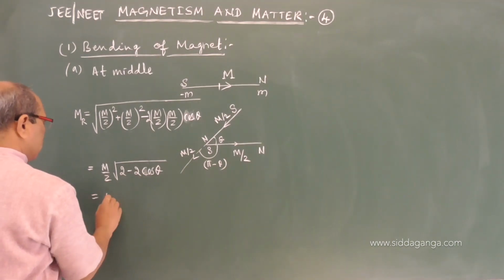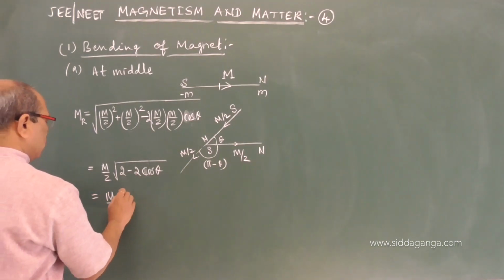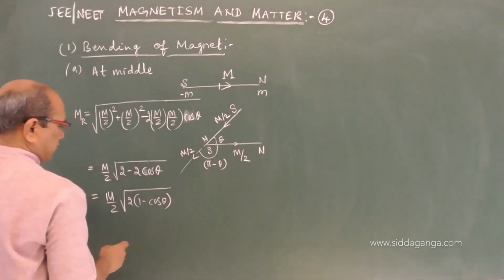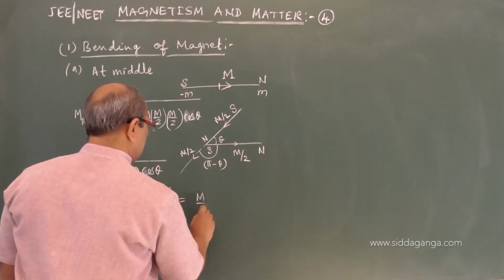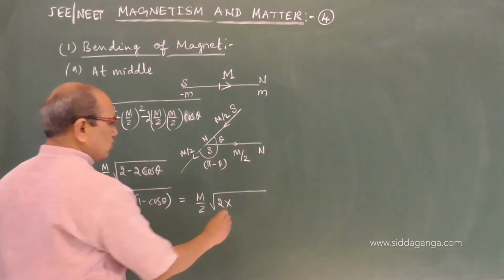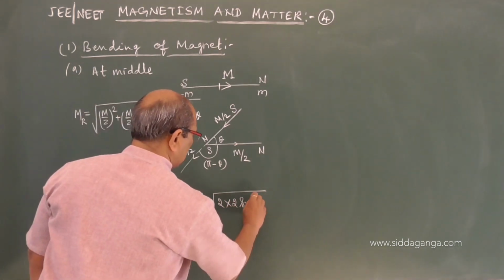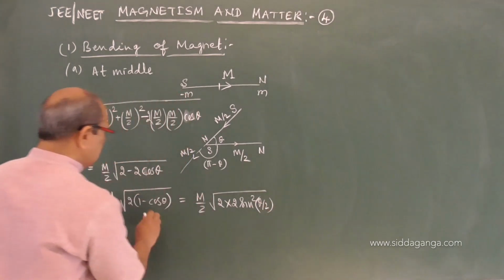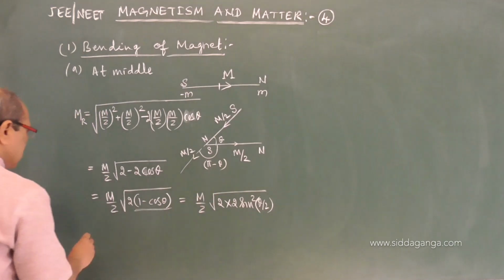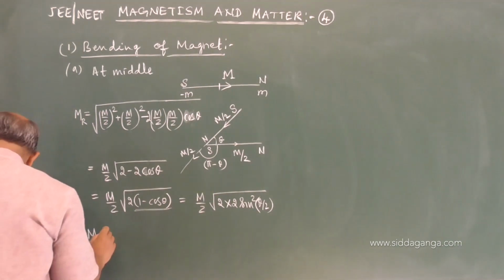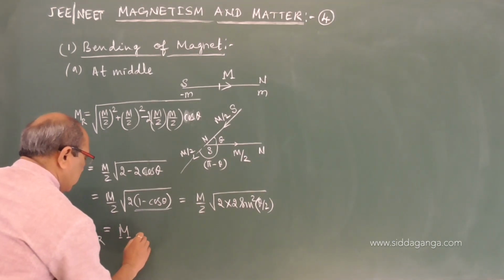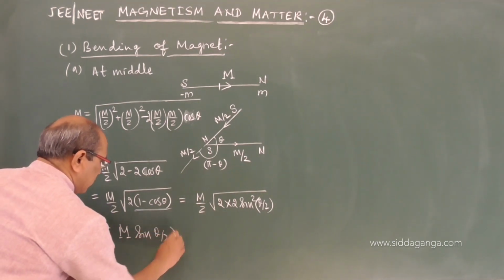If we bring out M by 2, it is M by 2 into root of 2 into 1 minus cos theta. This can be written as root of 2 into 1 minus cos theta, where 1 minus cos theta is 2 sine square theta by 2. Therefore, the 2 cancels and the resultant moment in that case becomes equal to M sine theta by 2.